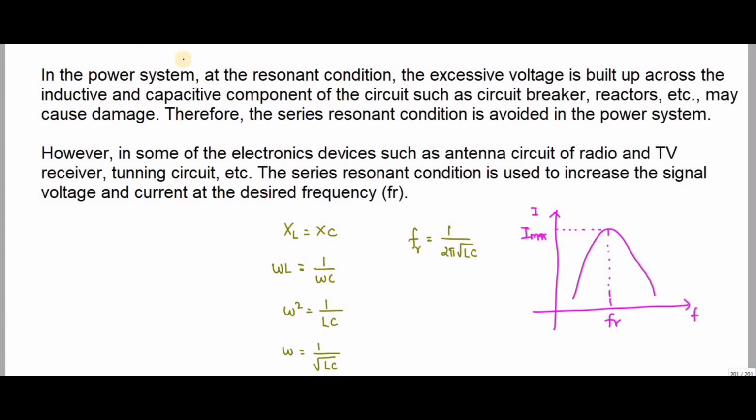The half power frequency is where, this is I max, that is the 3 dB value, right? I max divided by root 2. So this point is nothing but your F1, and this point is nothing but your F2. So I can write bandwidth is equal to F2 minus F1.